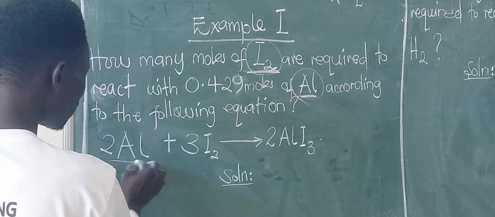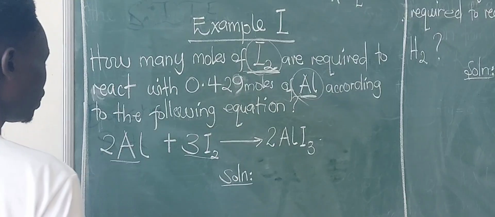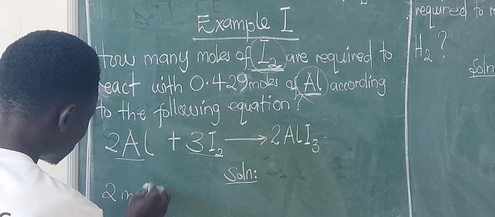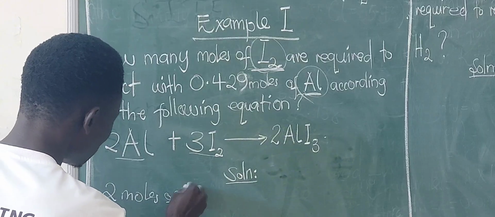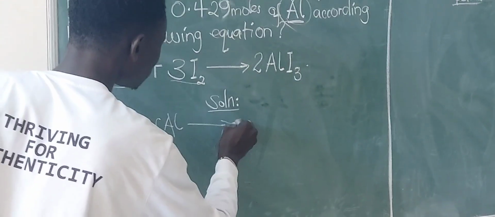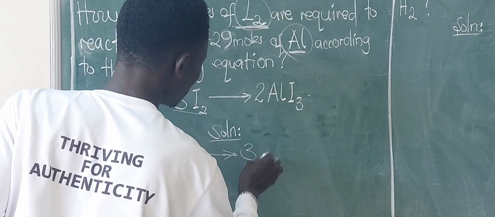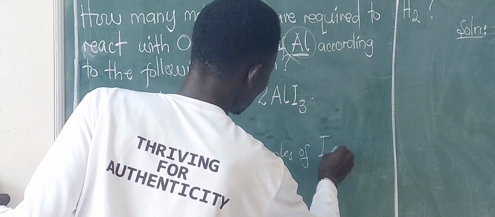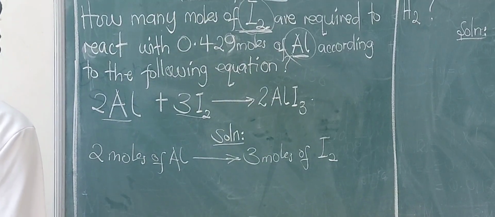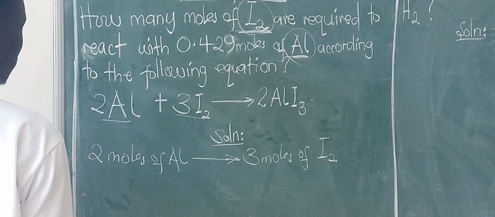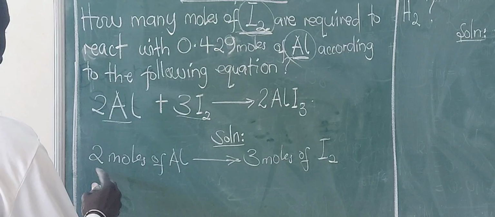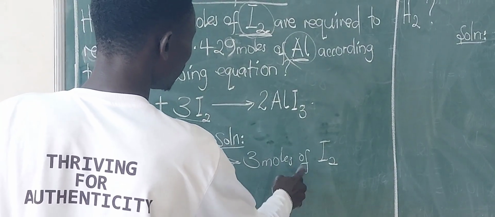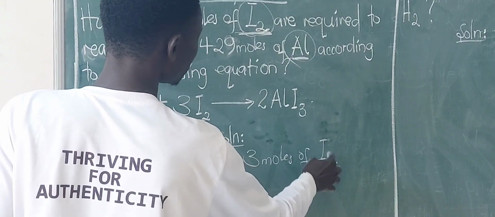So it is 2 moles of aluminium will react with 3 moles of iodine.